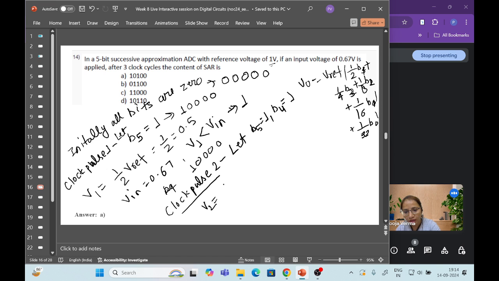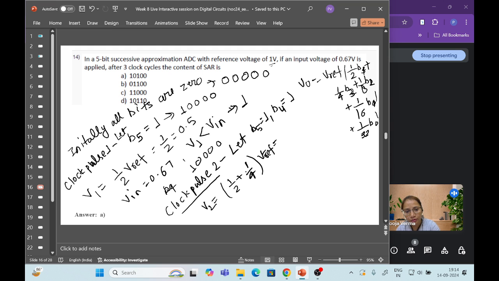Okay. So now for the next clock pulse, just check the output at that point, that is 1 by 2, the last one, plus now the next one, that is B4. It is multiplied by 1, so I am not writing it here because that is 1. So 1 by 4. What will be the answer into V reference?